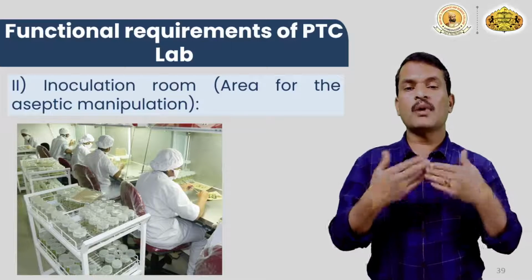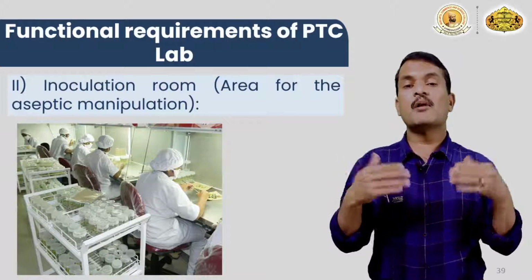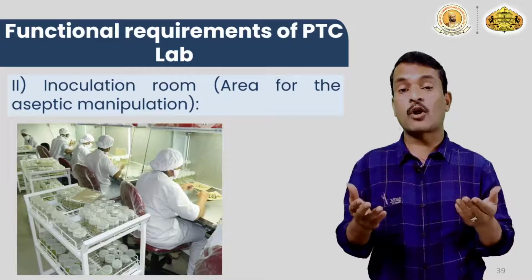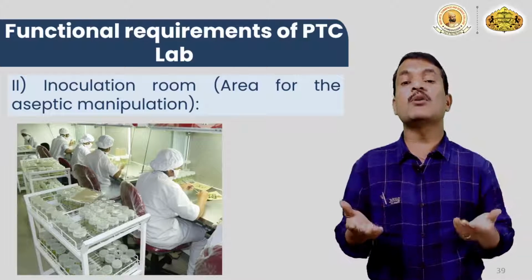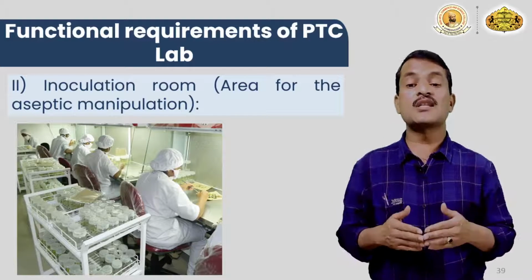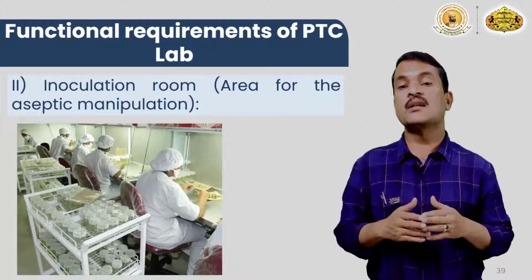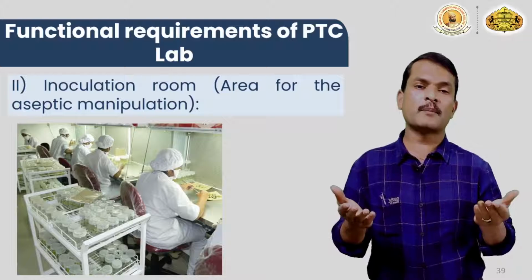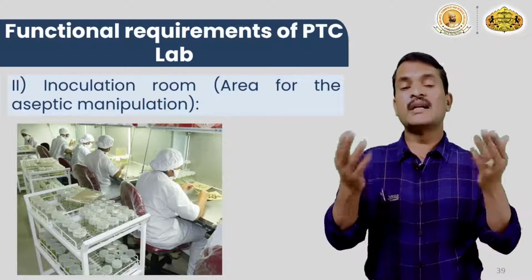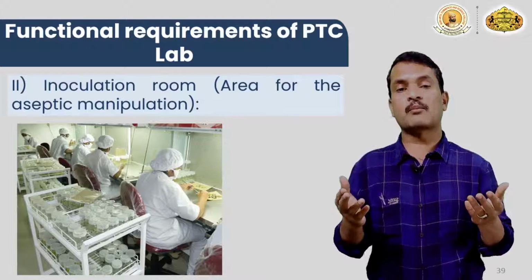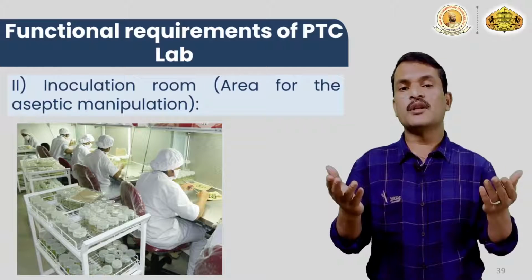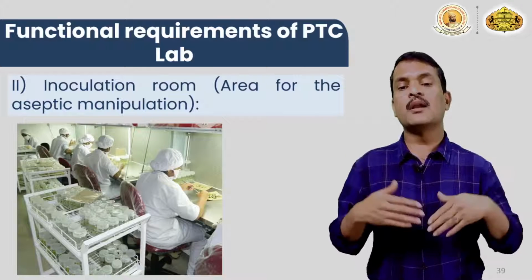You make the area free from contaminants or microorganisms, so your culture will not be destroyed. Such an area is required, and for that purpose you need an instrument known as a laminar airflow. There are two types of laminar airflow, vertical or horizontal. It depends upon your need or whatever facilities are available.